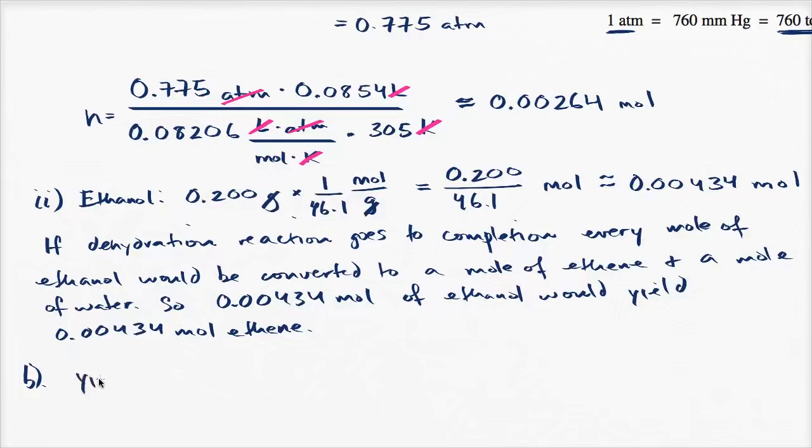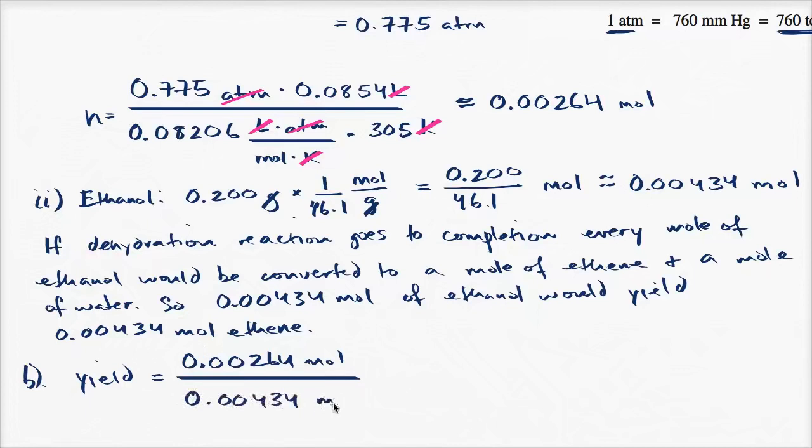So yield is going to be equal to how much we actually got, which we figured out in part 1, 0.00264 moles, over what we would have ideally gotten if the reaction went to completion. So divided by 0.00434 moles.